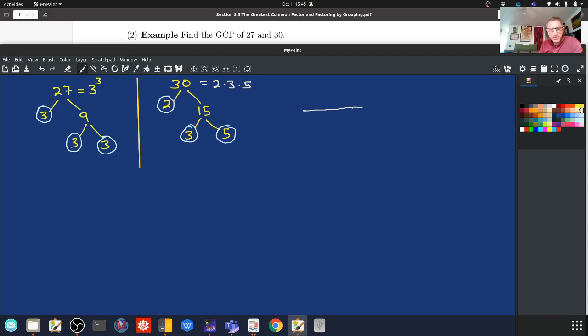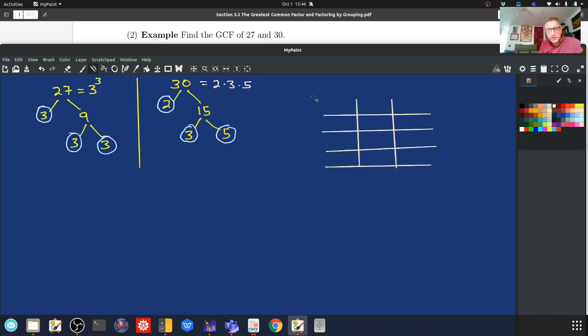So here we make our table. So I have my prime factors, then my 30 and my 27, and there's a 3 and a 2 and a 5, so there's only 3 different prime factors.